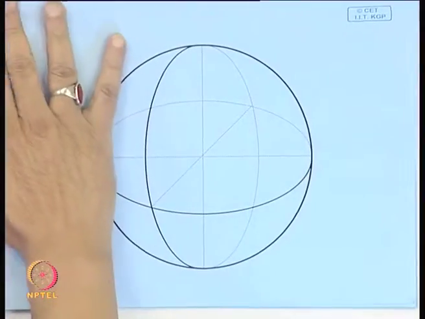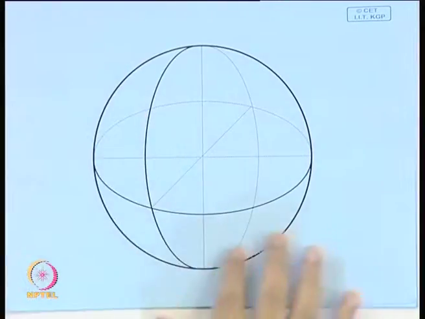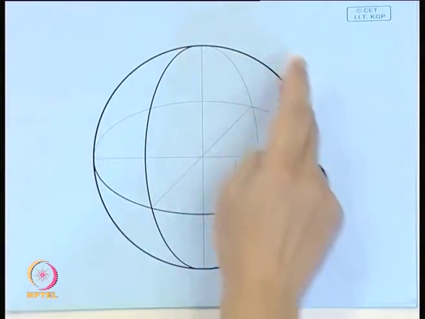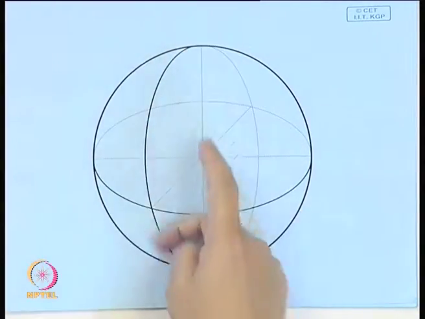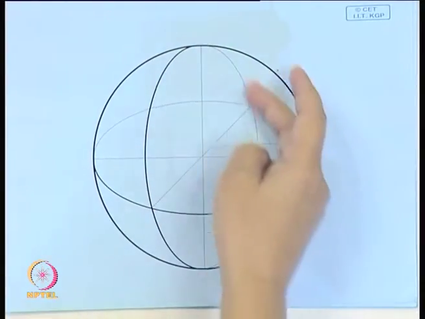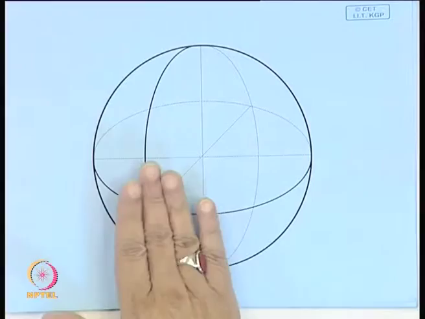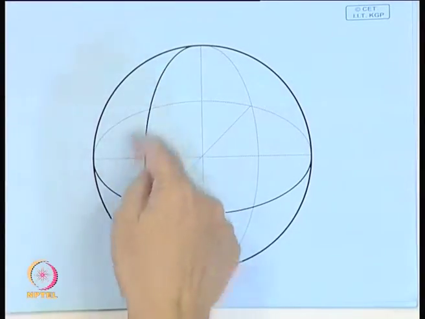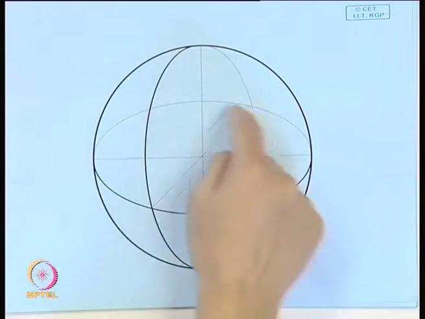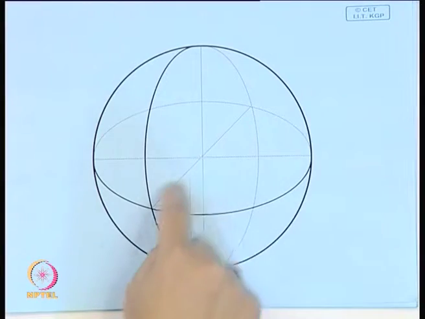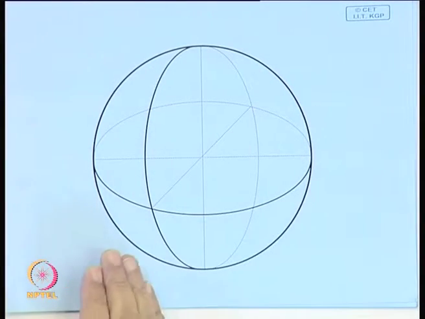You are very familiar with globes. If you look at the geographical globe, you have certain great circles which are drawn. So, the equatorial plane, and another vertical plane which goes through the center of the globe, is like this. We call all these great circles, wherever the diameter of the great circle is equal to the diameter of the reference sphere.